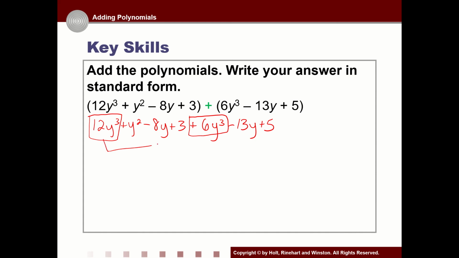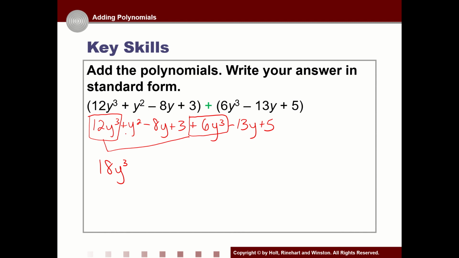So I'm going to go ahead and combine those. 12y to the third plus, that was why it was important to keep that sign there, 6y to the third. So 12 plus 6 is 18y to the third. They had to have the same variable with the same exponent because it stays the same in your answer. Y to the third plus another y to the third, you still have y to the third.